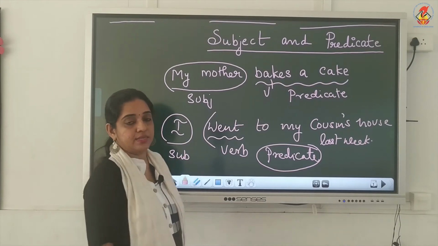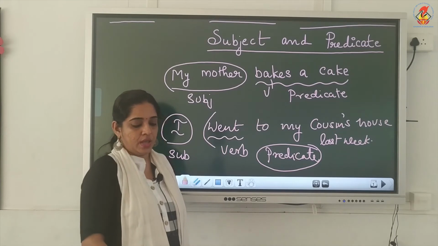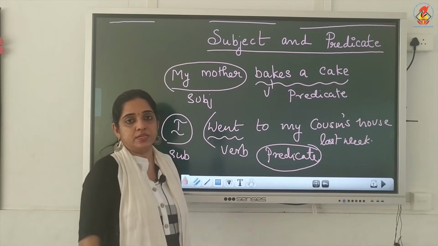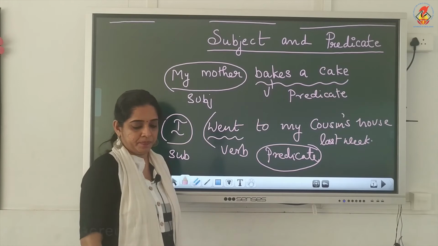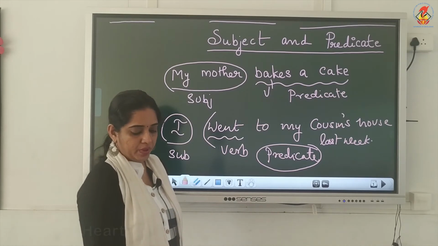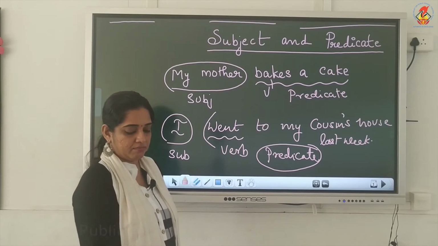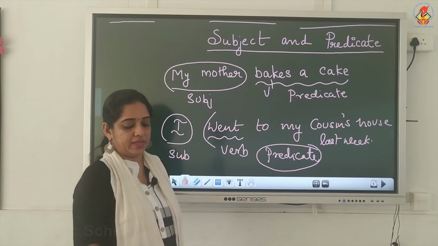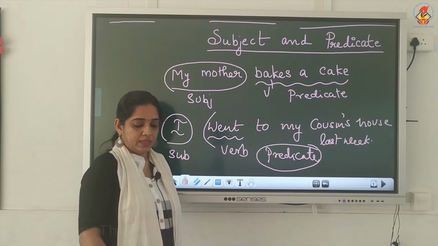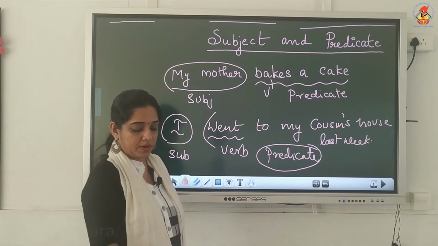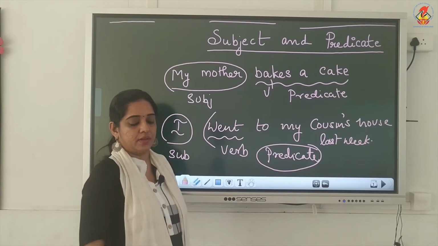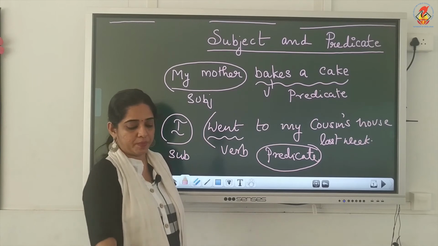Here, Suhana is the subject, that's a noun, and is a good student is the predicate. Now, some more examples are given here. Birds fly: birds is the subject, fly is the predicate. The birds flew away: the birds is the subject, flew away is the predicate.